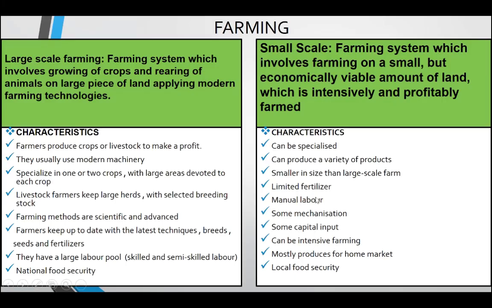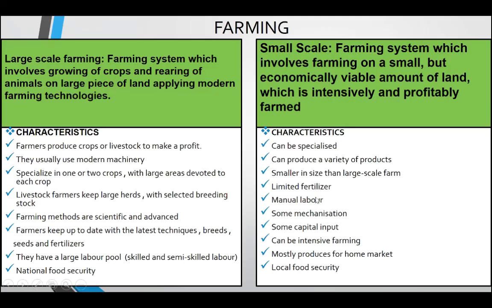Then you can have a small portion with cabbage, a small portion with beetroot, spinach, and so on. So it's usually mixed farming for small scale farming because it is done for subsistence purposes, which means it is for own consumption. And large-scale farming is usually done for commercial purposes, which means it is done for profit.